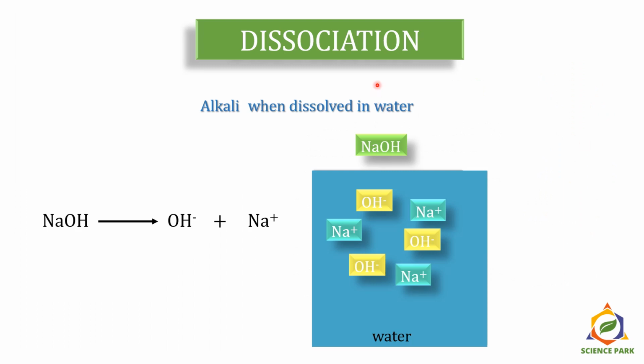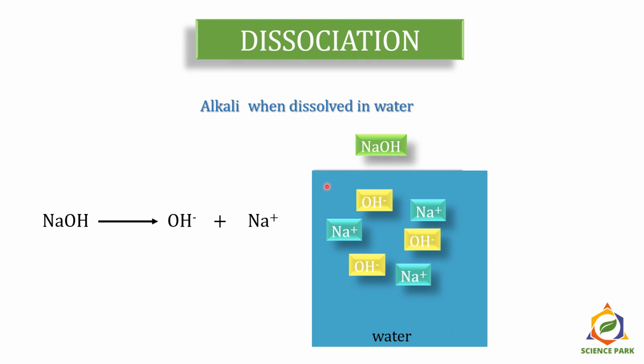Let's see what is dissociation of a base, when an alkali is dissolved in water. Let's see the dissociation with the example of sodium hydroxide. I have deliberately kept the background blue just to show that it's a background of water.